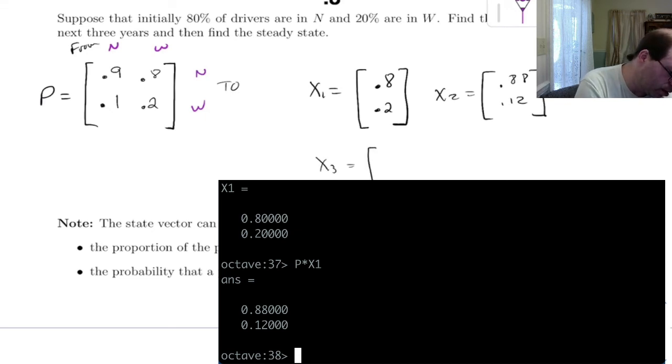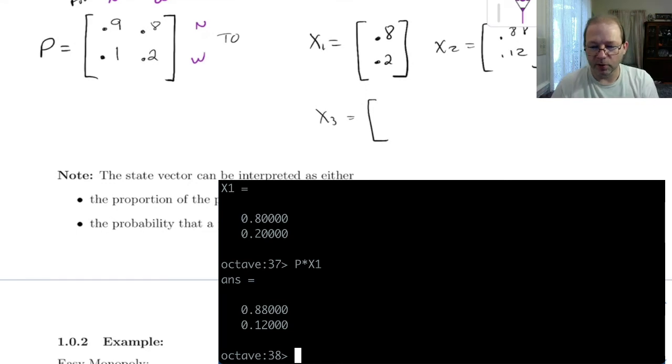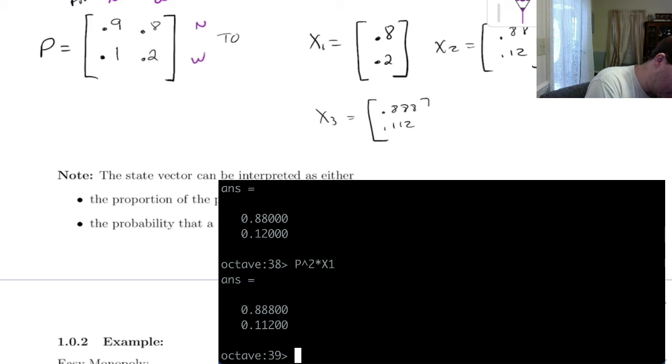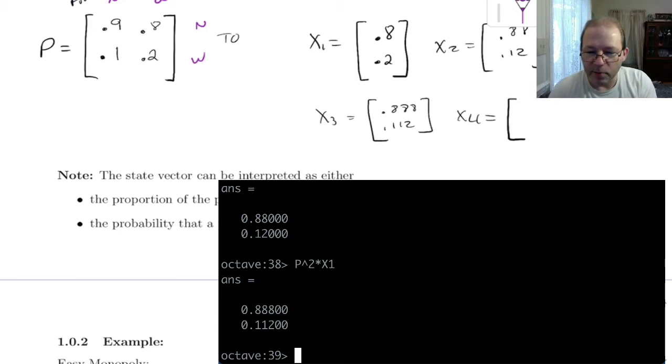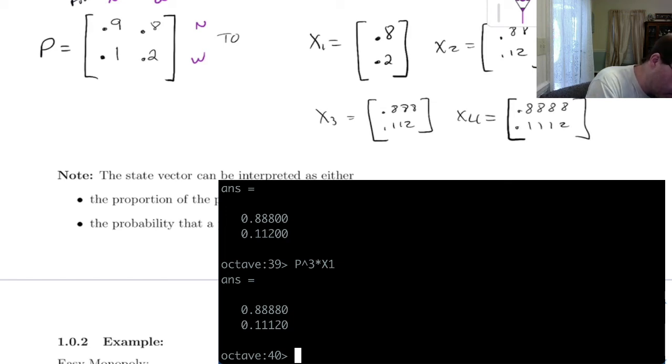X3 is going to be 0.888, 0.112, and X4, I think I see a pattern developing. Yeah, 0.8888, 0.1112, and find the steady state.